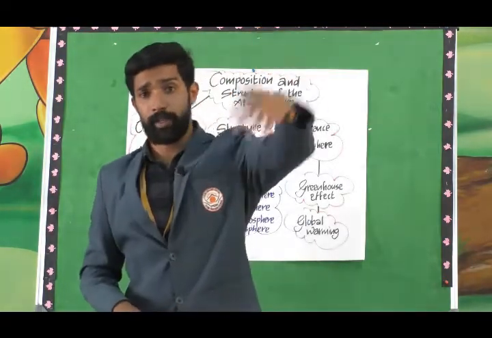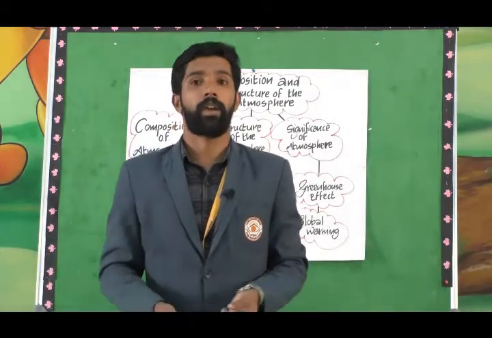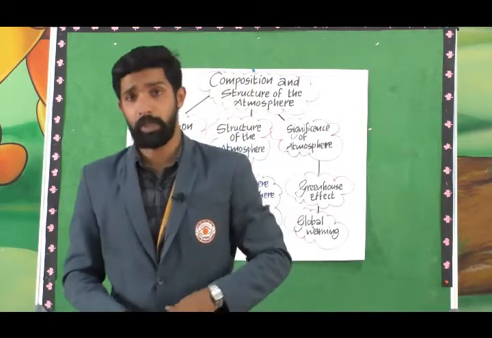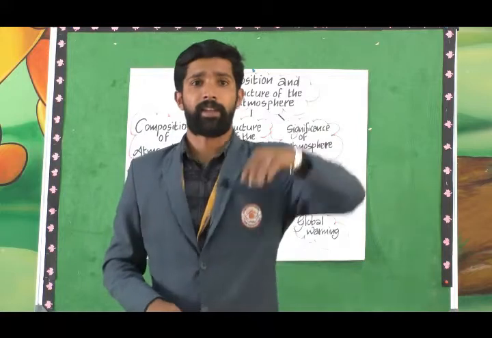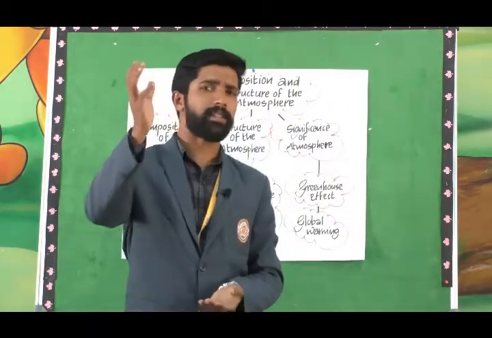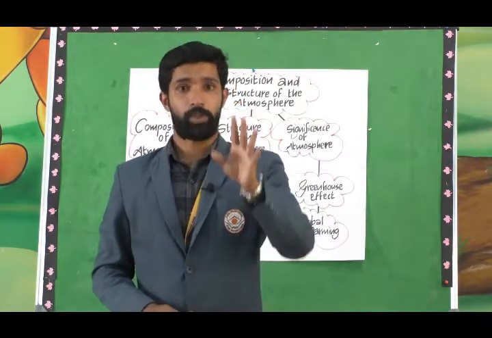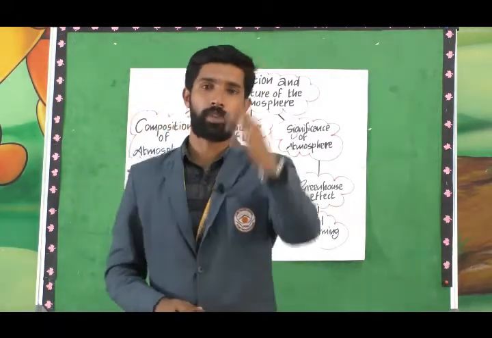Then the atmosphere contains oxygen, which all living beings need in order to stay alive, and carbon dioxide helps plants to produce food in the presence of sunlight, and it also keeps the surface warm by absorbing the heat radiated from the surface. And ozone protects us from the harmful ultraviolet rays of the sun.